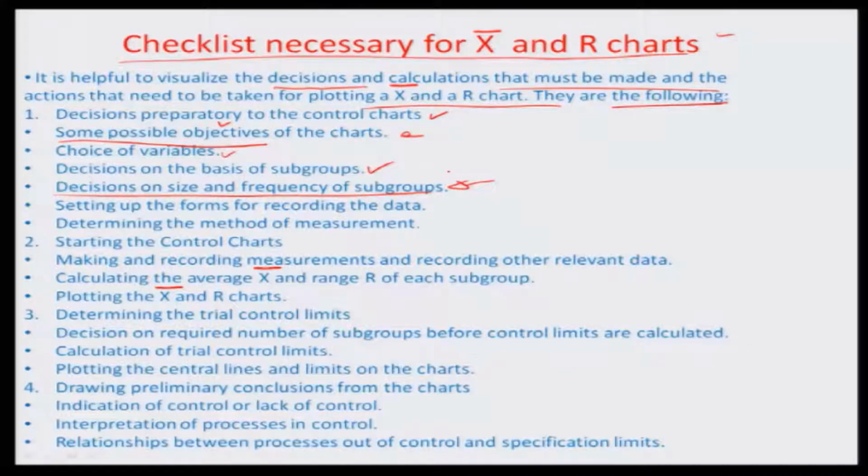So, after the decision on the subgroups, you have made decisions on the size and frequency of the subgroup, and on the basis that you have made earlier, you then set up the forms for recording the data. In fact, I am going to show you such a form in the next slide, where we can give you an organized representation of how this recording of the data can be carried out.